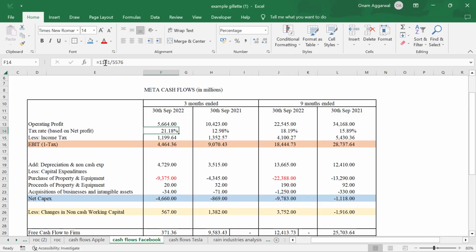So just by dividing the tax by the net profit before tax, we get the tax rate, and the tax rate is 21.18%. So the operating profit was around $56 billion and the tax rate is around 21.18%. So the income tax based on this operating profit will be around $11 billion. And the operating profit after taxes is around $44 billion.